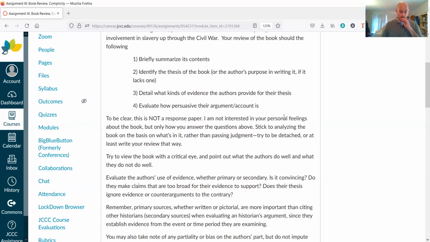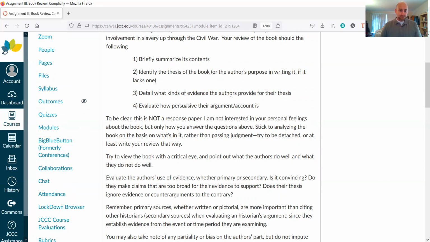Do they use images? Hint, they do. Do they cite other modern historians? Hint, they do. Give an idea of what they're using to back up what they're saying, so the reader can evaluate what they're doing. You can't cram everything into three or four pages, but give a good sense of it.